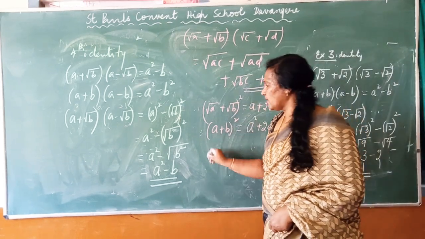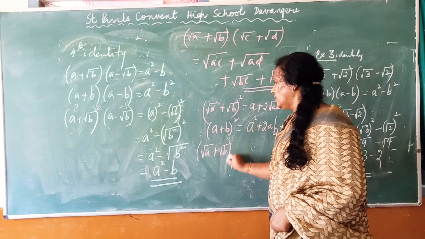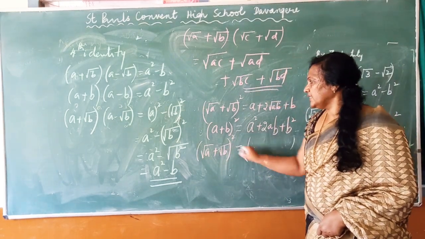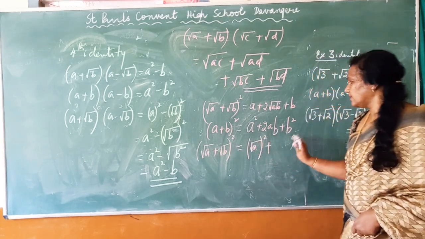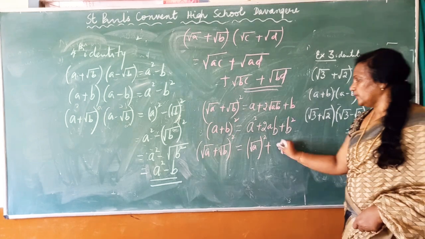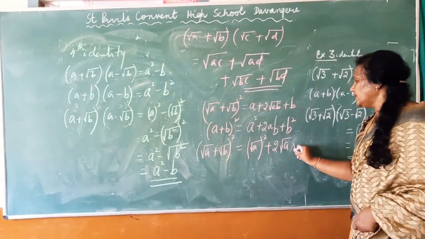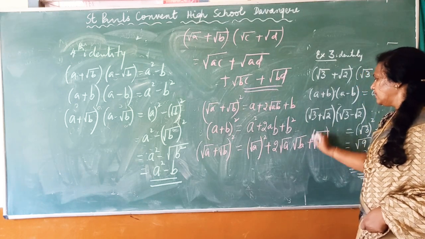So I write this square root identity: root a plus root b whole square. What is a here? It is root a, plus 2 into root a, and b means root b.